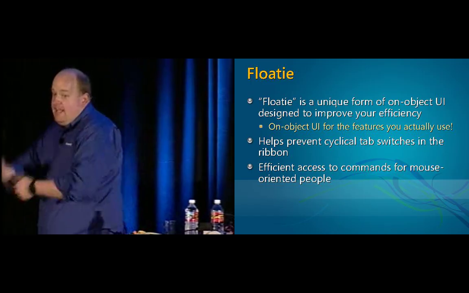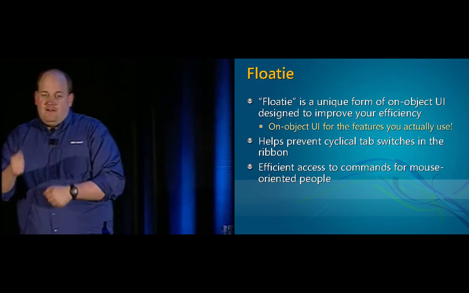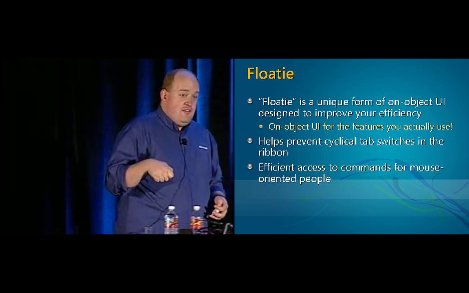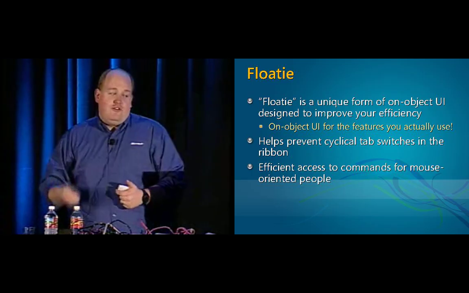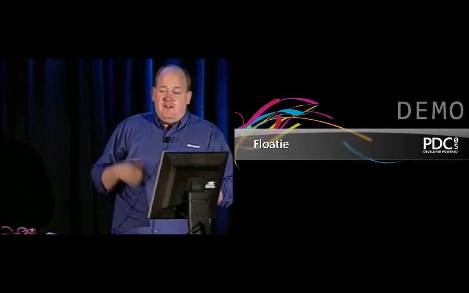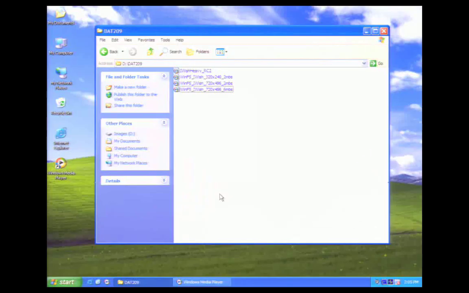We've always said, hey, you may want to use this autocorrect thing, or hey, you may want to use this paste thing. What we thought was, what if we used on-object UI instead for the eight commands that you're clicking on 95% of the time while you're using Word. So Floaty is really our means of efficient access to the most common commands in the app for mouse users.